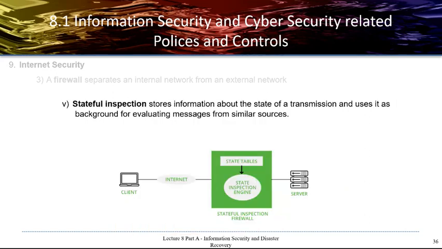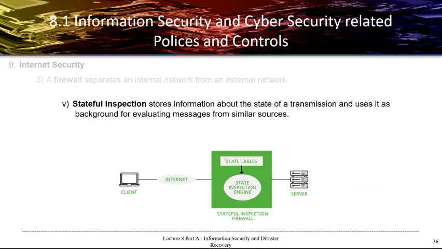And then you have another thing called stateful inspection. That stores information about the state of the transmission and uses it as a background for evaluating messages from similar sources. So that's called a stateful inspection firewall. It inspects: this client, an outside computer from the internet, is coming to access my server.